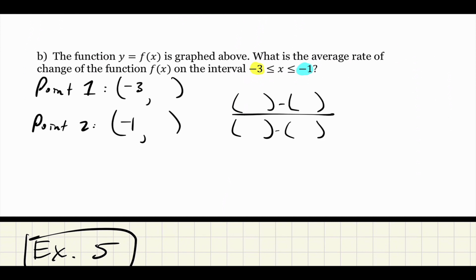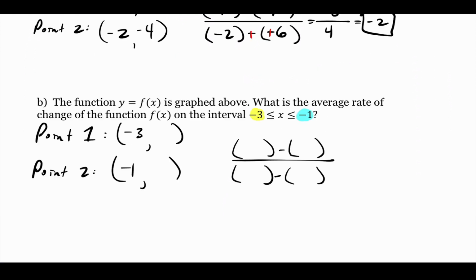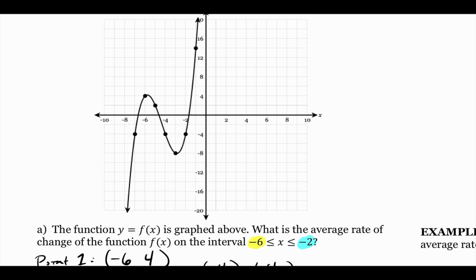We have to figure out what y values go with each of these. So -3. If I go left 3, then to get to the dot, I'm going to have to go down 8. So -3, -8 is where the dot is.